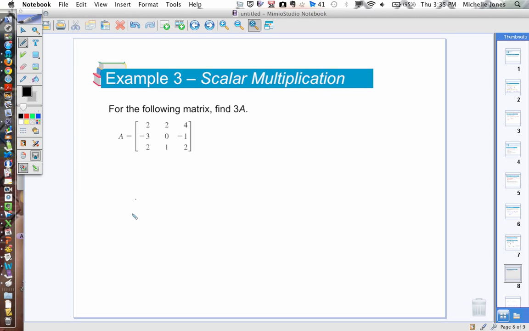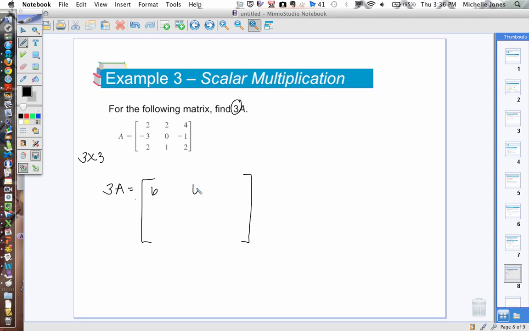Almost done. Last example. So here we've got scalar multiplication. We're taking matrix A, our 3 by 3, and multiplying it by a factor of 3. So 3A is also going to be a 3 by 3 matrix, but I'm going to multiply each value or entry by 3.